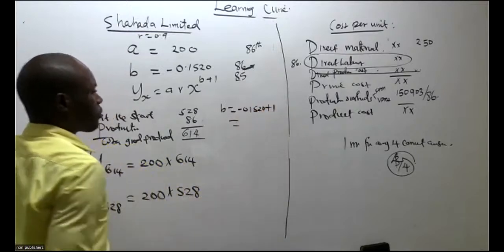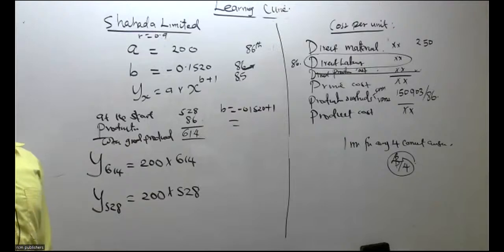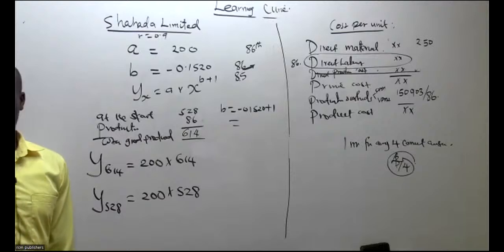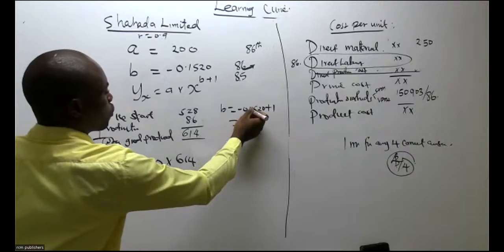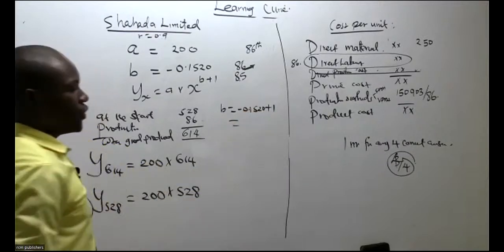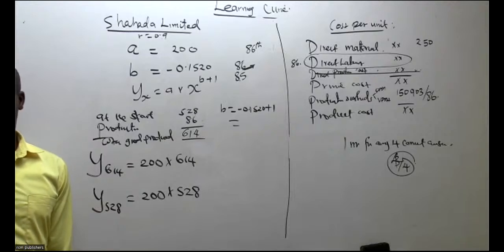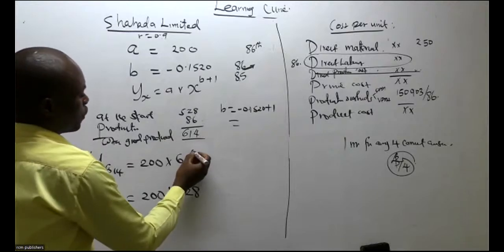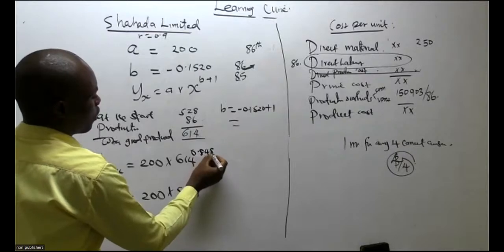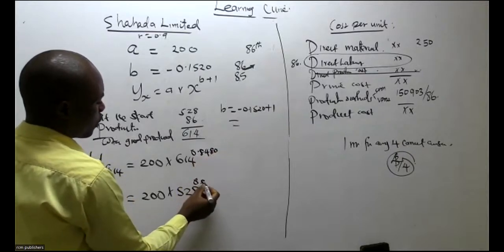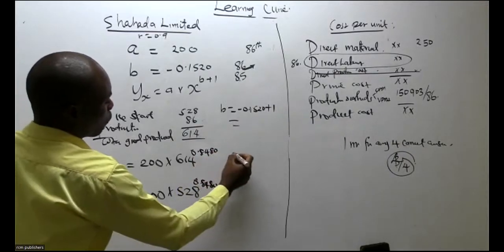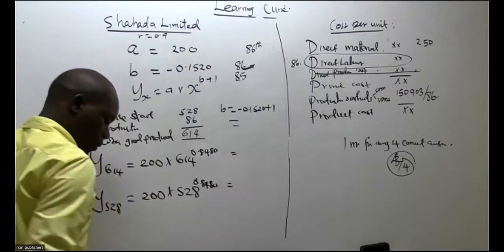So what will b plus 1 be? Negative 0.1520 plus 1 is 0.8480. So go ahead and give me the totals for each.